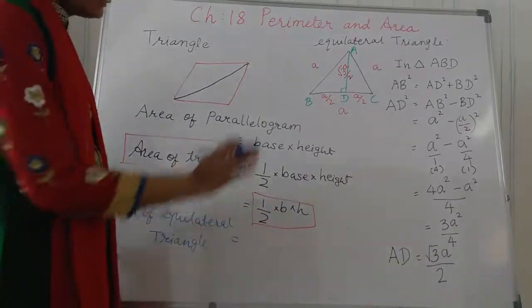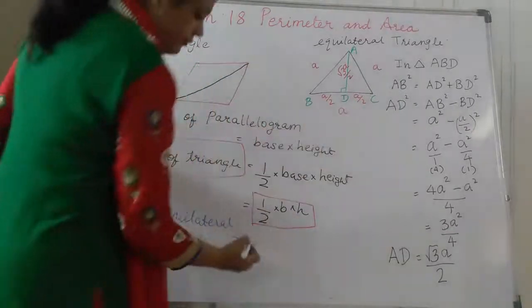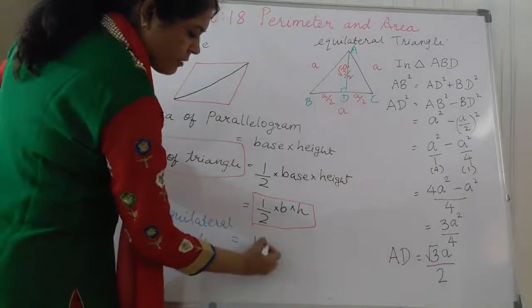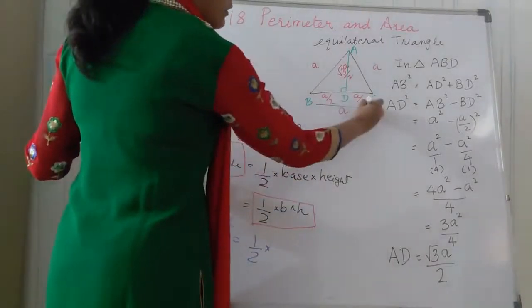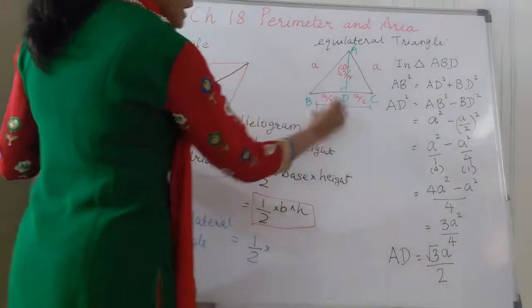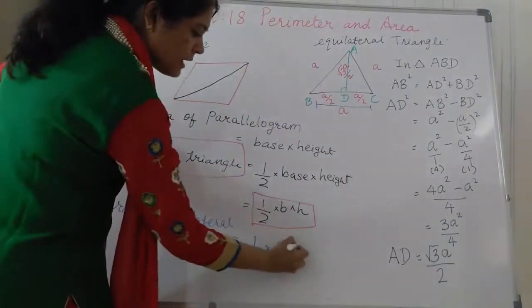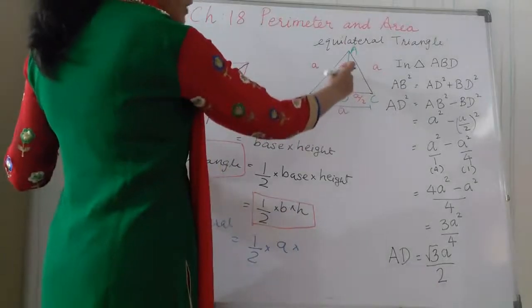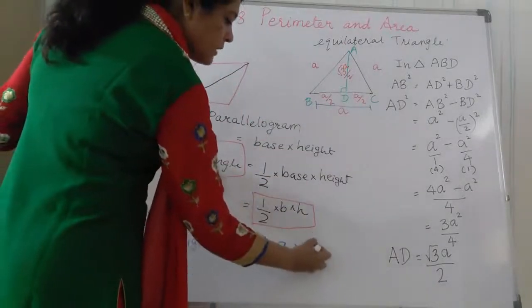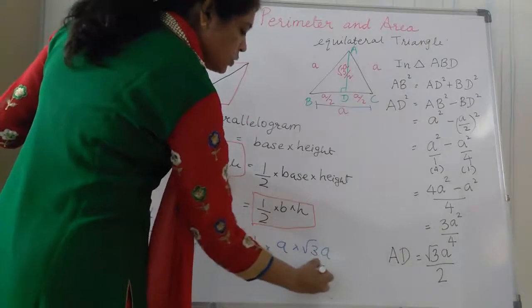So I will substitute the values in it. Half will be the same. Base, which is BC here, and what is the value of it, that is A. So I write base as A. And height, you can see AD, its value we have found as root 3A by 2.